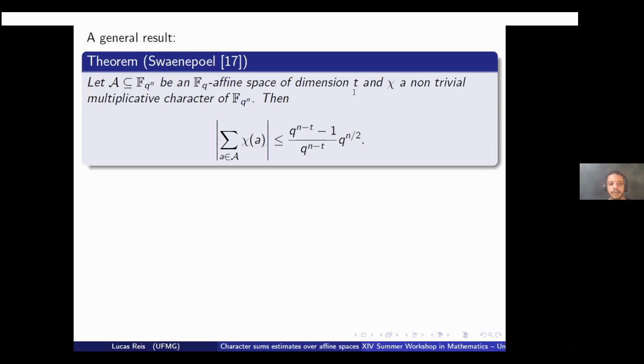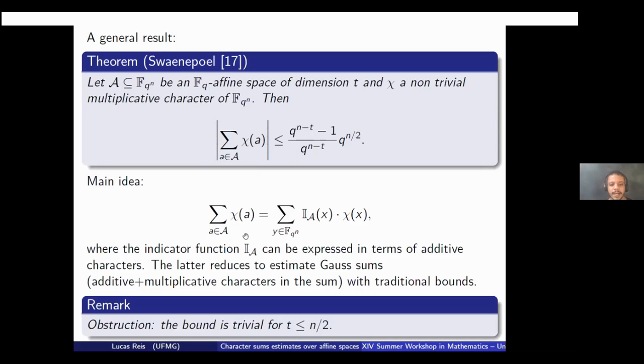It doesn't depend on the size of the affine space. The affine space of dimension T has q^T elements. And so this theorem is saying that the character sum never exceeds q^(n/2), right? So particularly this bound is non-trivial if T is larger than n/2.